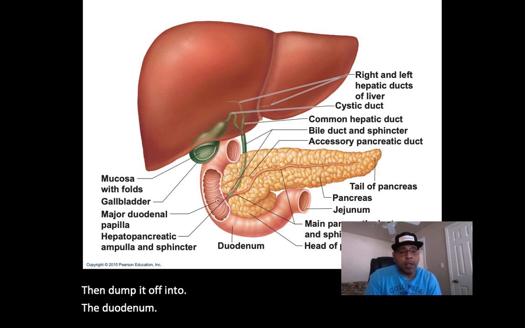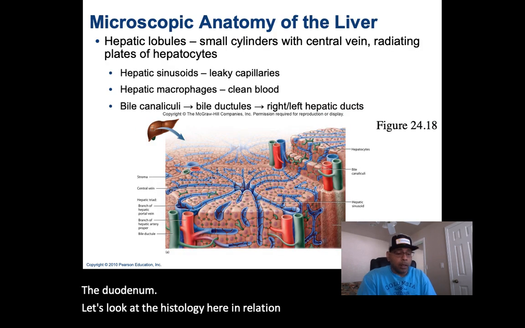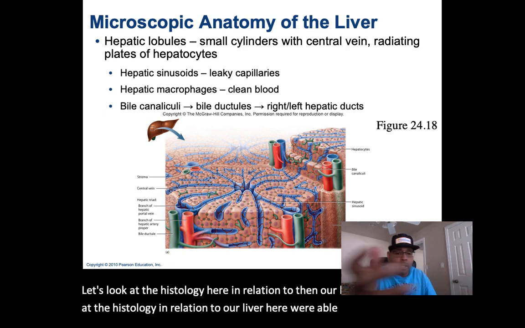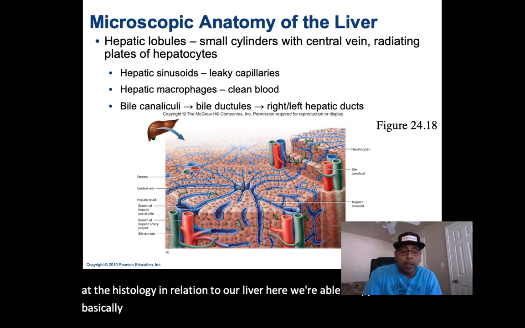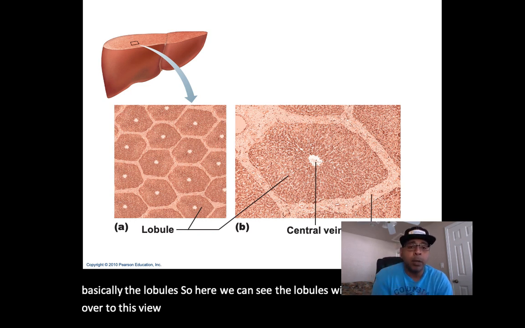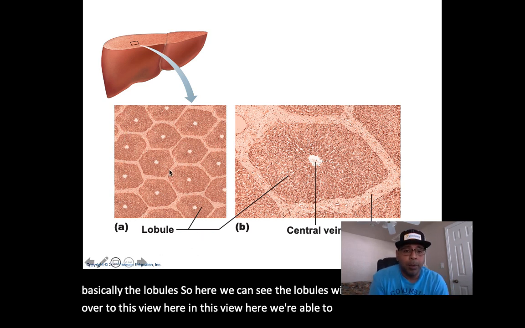Let's look at the histology in relation to our liver. Here we're able to appreciate the lobules. What we'll do is move over to this view, where we can appreciate the lobules in greater detail.